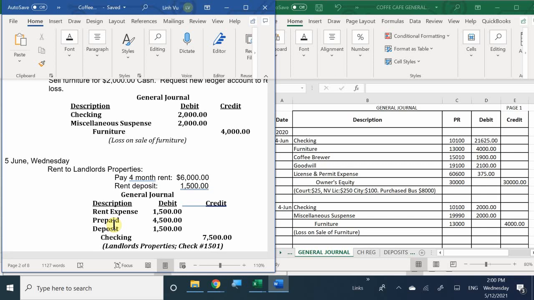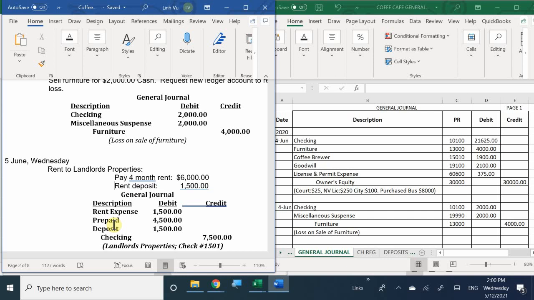Now, if we're paying rent as of June 5th, what's the assumption here? Are we also paying for the month of June? Yes. When you sign the contract, you're paying for the current month and for whatever months in advance that you're making a payment for.